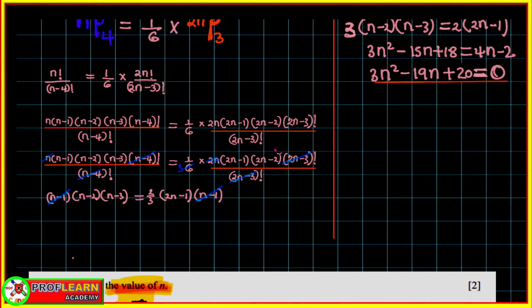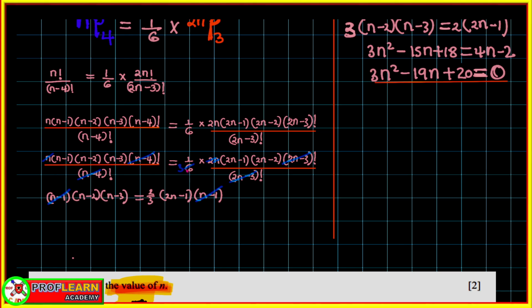So once we've gotten that, I want you to focus on this expression here. In this expression we can factor out 2. Right? So if we factor 2 out, we are going to remain with n minus 1, and there is n minus 1 here, which is going to cancel.